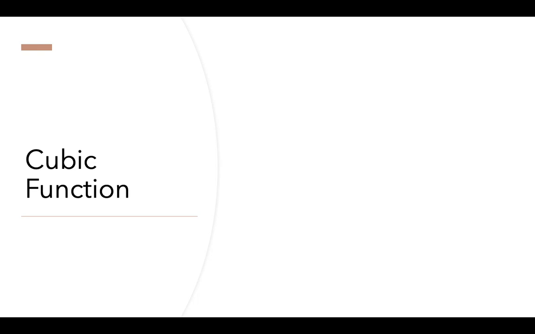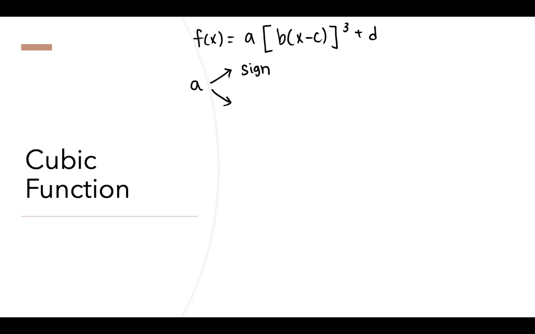So let's do a quick overview. So f of x is equal to a(bx minus c) cubed plus d. Now for a, you're going to look at two things: the sign and the value.